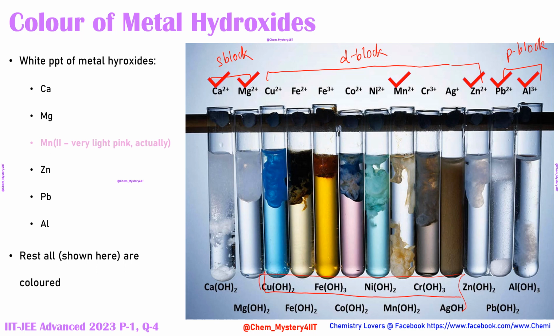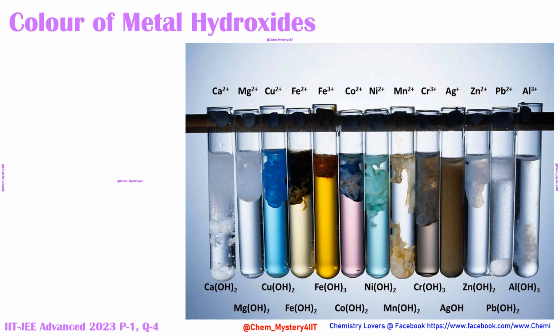Before zinc, all these compounds are going to have some color. Manganese in between has a different situation, which we can consider as very light pink or white depending upon the references.